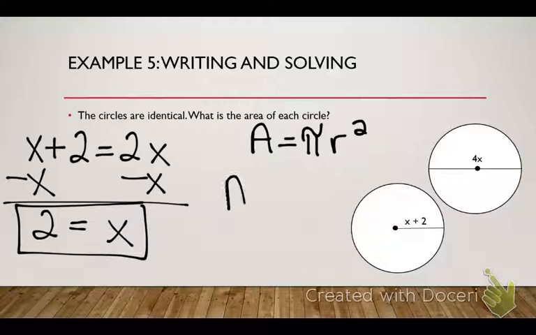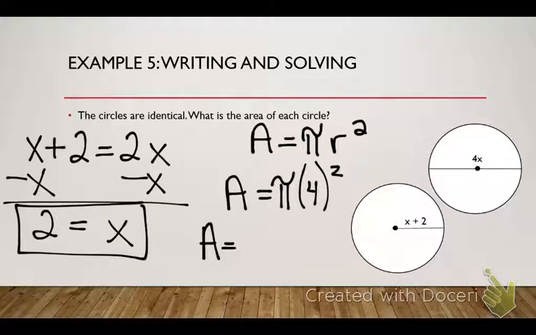So A equals pi, which I'm just going to use the pi button on the calculator, okay? Pi times 4 squared. A equals, all right, we can use the pi button on our calculator. I do want to show you that. Hit shift and the X10 button down there by the answer button.